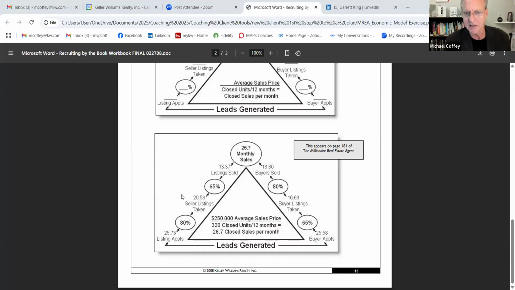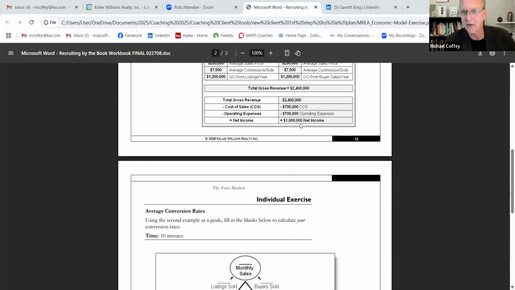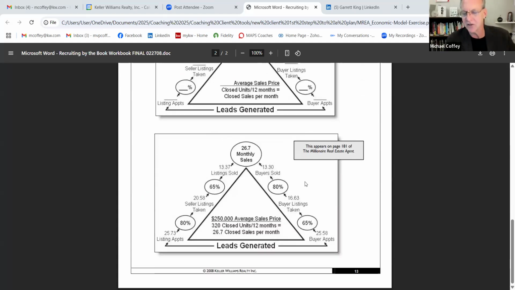So what does that look like for an MREA agent? That means you're going on, what would that be, 6 listing appointments a week and 6 buyer appointments a week, right? That would end up generating the amount of business that you need to net $1 million. Your numbers are going to be different, but this gives you a formula to calculate the leading metrics and the numbers that you need to track about moving people through your sales funnel.